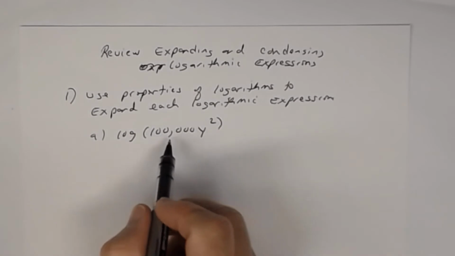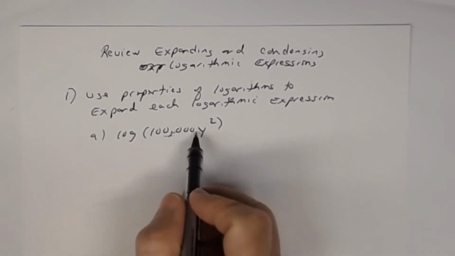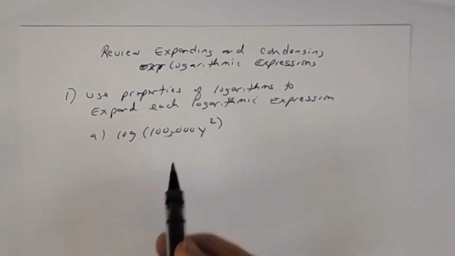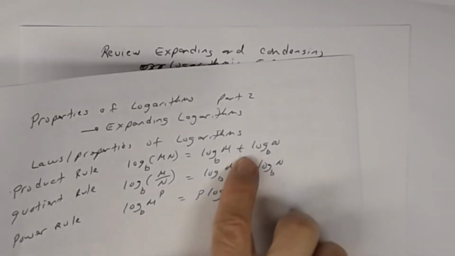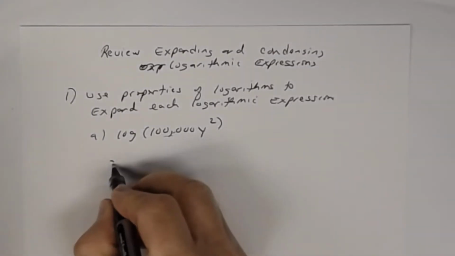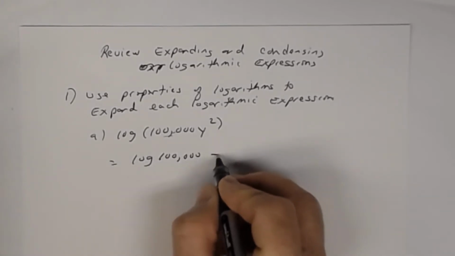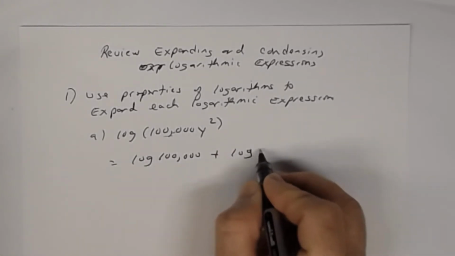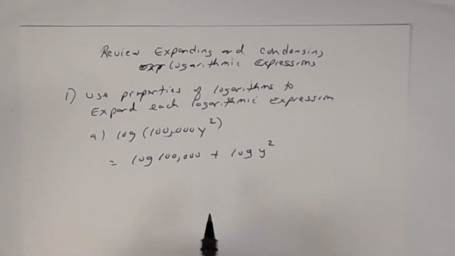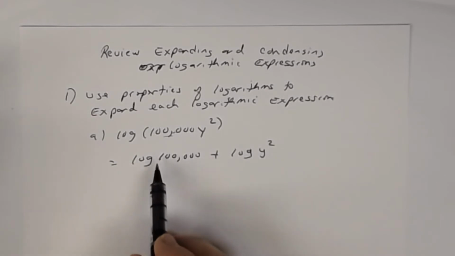And so using our expansion rule, notice I have this product, 100,000 times y to the second. So I'm going to rewrite as an addition problem. This becomes the log of 100,000 plus the log of y to the second power. Now you want to simplify this as much as possible. Remember, this base is 10.